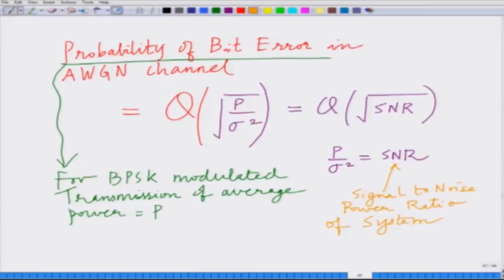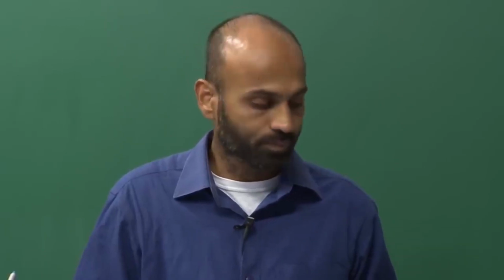Therefore, we have an elegant expression for the bit error rate in terms of the SNR. It simply says that the bit error rate for BPSK modulated transmission over an additive white Gaussian noise channel is simply Q of square root of SNR, that is the Q function of the square root of the SNR, signal to noise power ratio of the communication system.